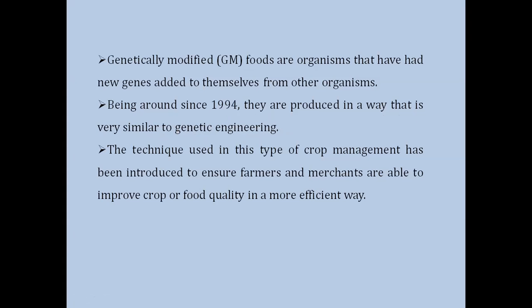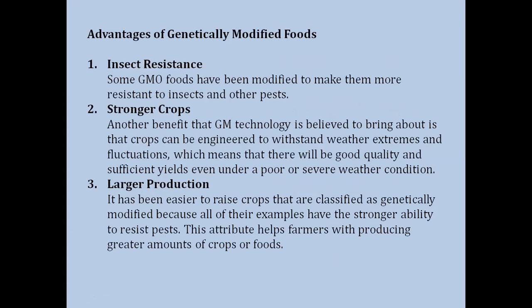The technique used in this type of crop management has been introduced to ensure farmers or merchants are able to improve crop or food quality in a more efficient way. So these are the advantages, and we'll discuss the advantages in detail.